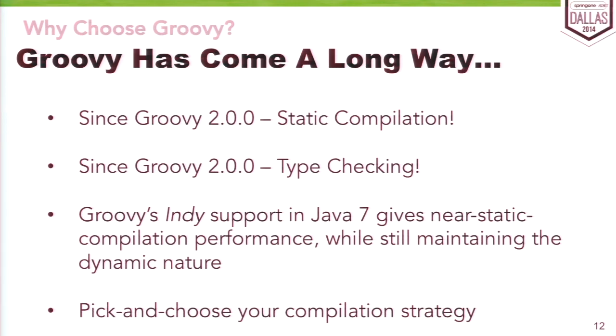So we can take Groovy code that is dynamic in nature and apply static compilation to it so that it compiles down into Java bytecode that makes it very performant. Also, since Groovy 2.0, we've had advanced type checking capabilities that can inform the compiler as to what your intention is, and in addition can be leveraged by Groovy as a framework.